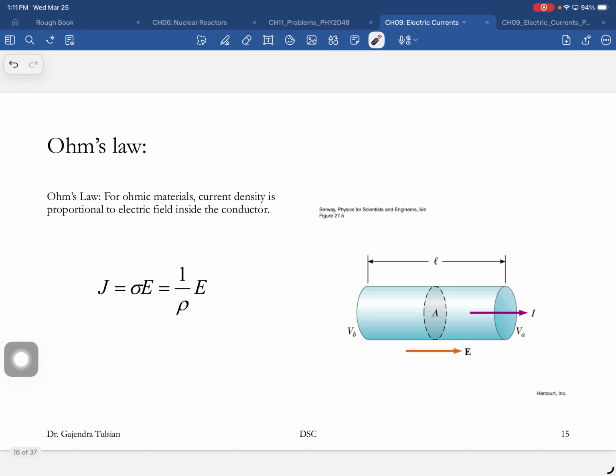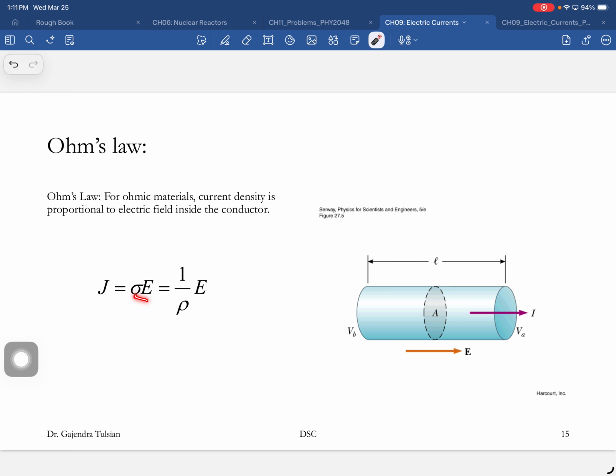All right, so current density is proportional to the electric field. If you increase the electric field, the current density will increase. This proportionality constant depends on the material, and it's called the conductivity of the material. In a lot of practical applications, you want to talk about the resistivity.